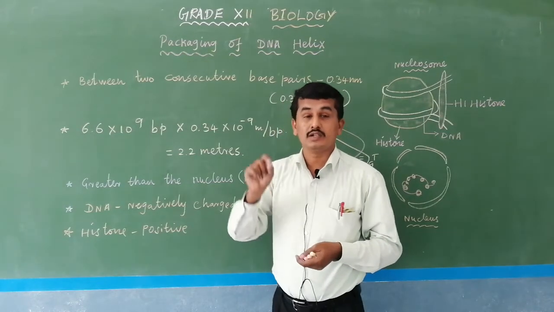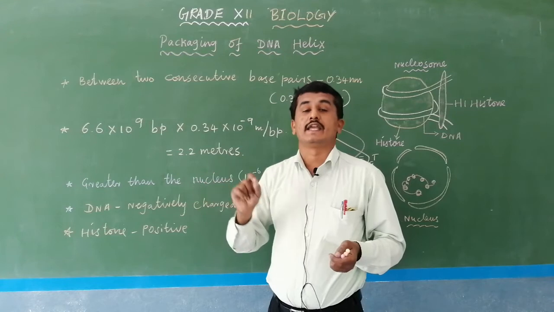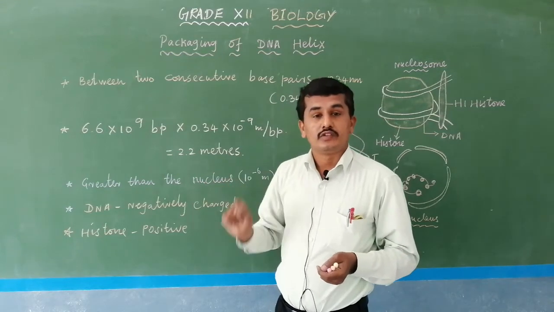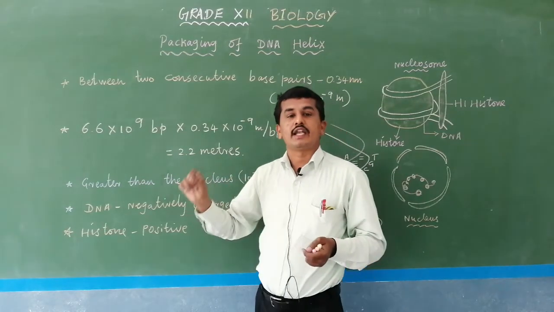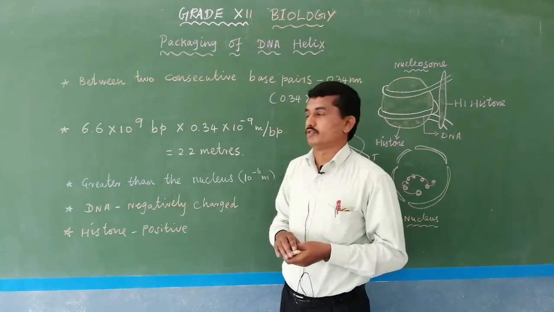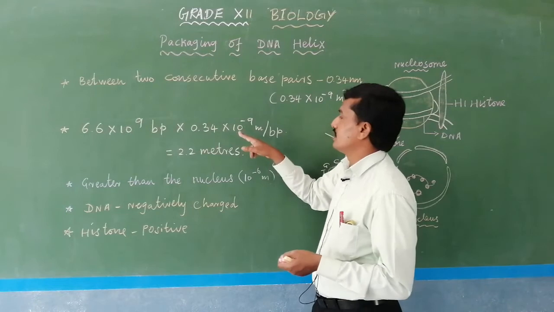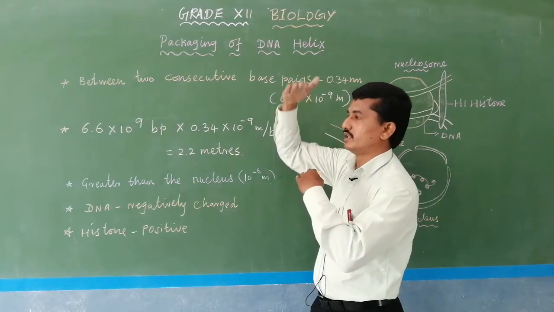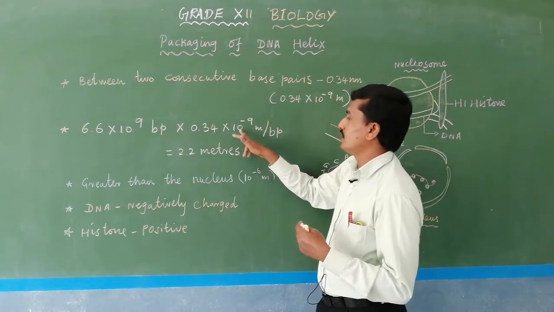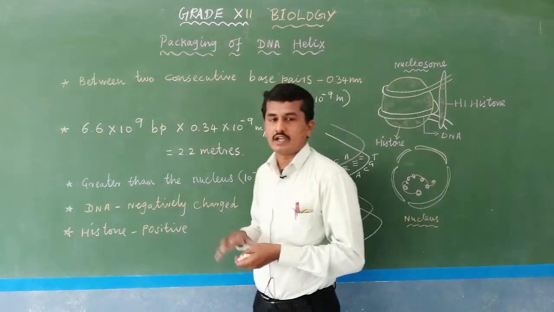In one single cell, DNA contains 6.6 into 10 to the power of 9 base pairs, and we know that between two base pairs is 0.34 nanometer.